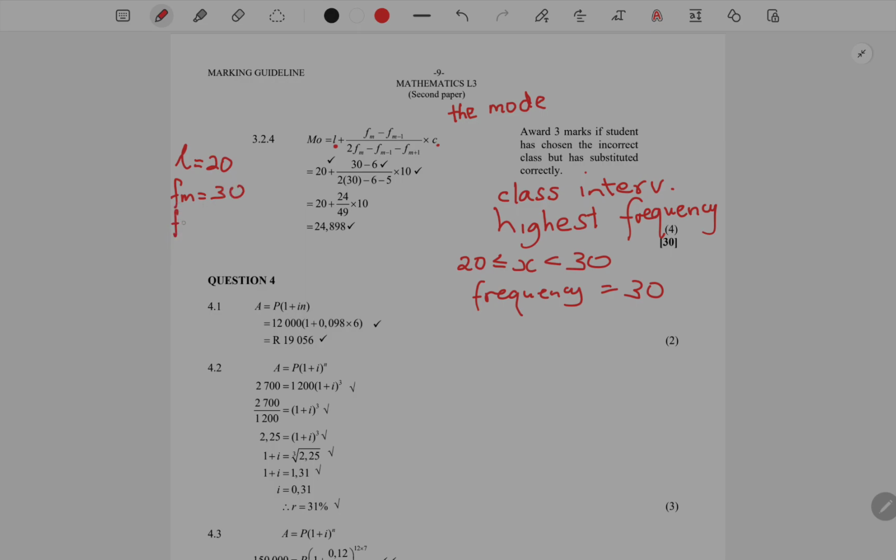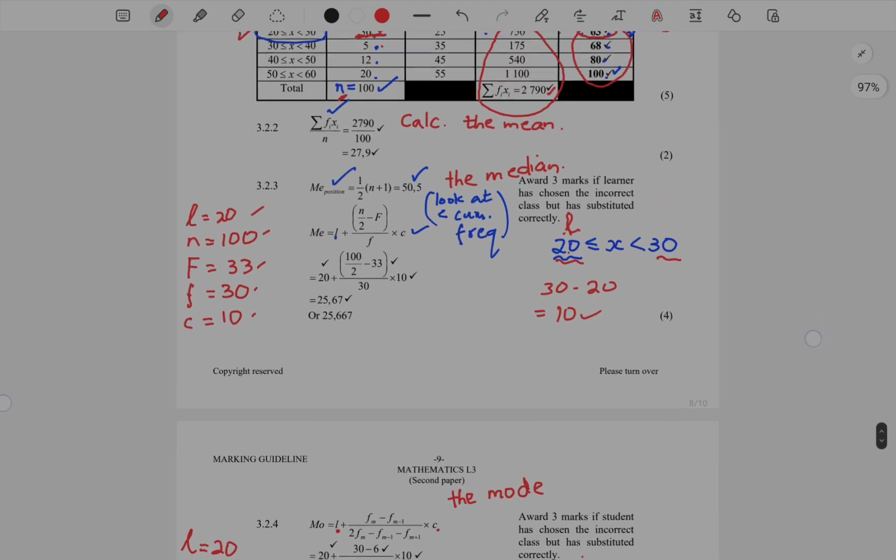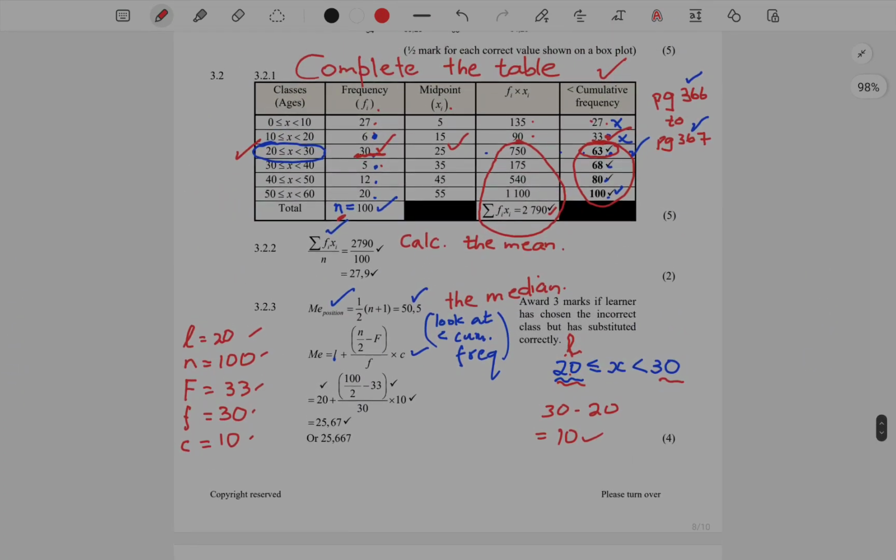Then Fm minus 1 is the frequency of the class interval before the modal interval. Before means above. So above is 6. Can you see? It's 6.